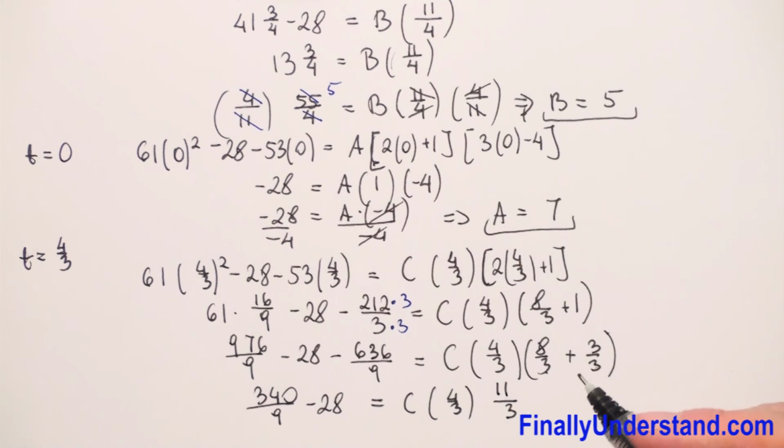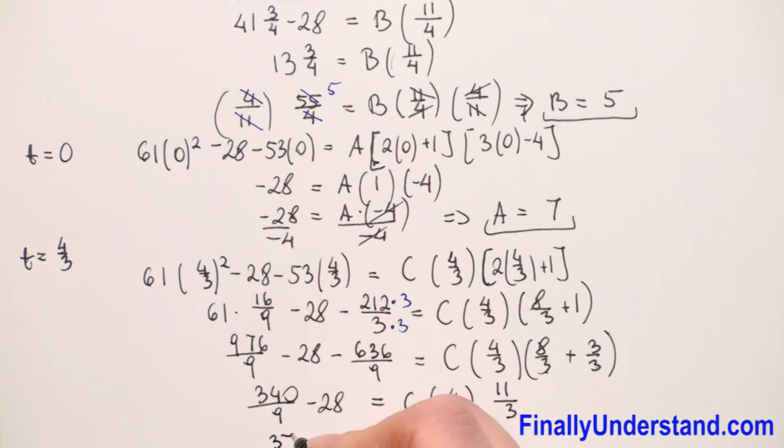So now first I will change this improper fraction to a mixed number to do subtraction. So 340 divided by 9 is 37 and 7 over 9 minus 28.